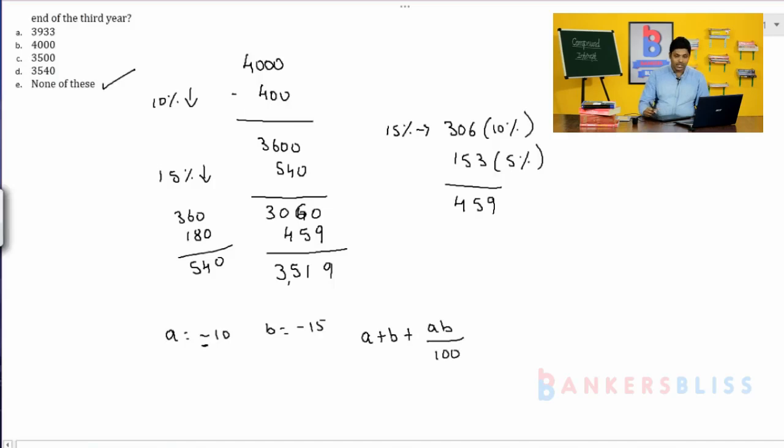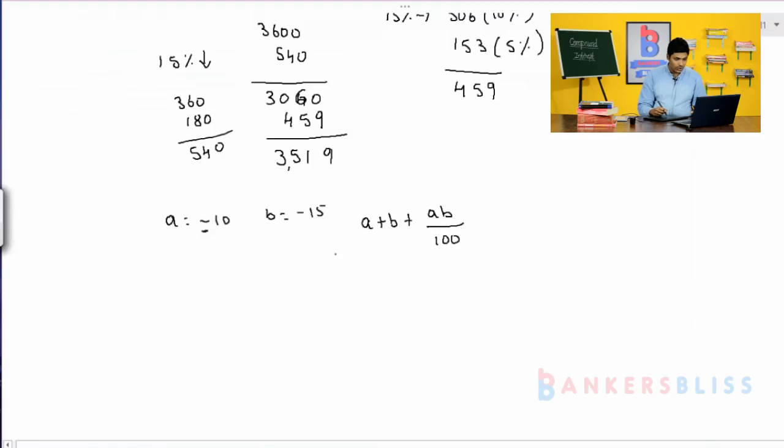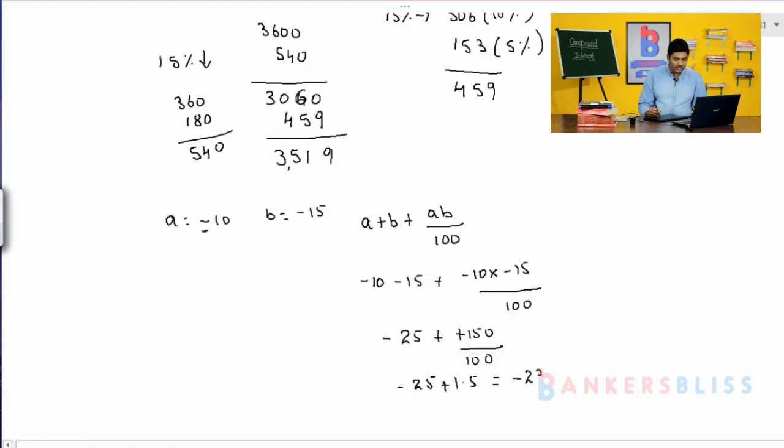So A is minus 10, B is minus 15, next plus of minus 10 into minus 15 divided by 100. So minus 10 minus 15 is minus 25, next plus of minus 10 into minus 15, which is plus 150, divided by 100. So minus 25 plus 1.5, which is equal to minus 23.5.